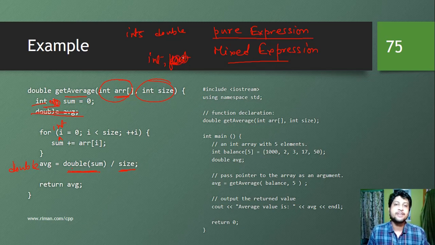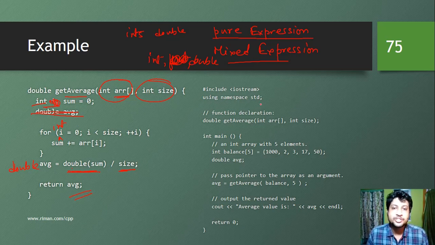If you have int and double, or int, double, and float all, the resultant value from the mixed expression will be double. That's why we have to typecast this sum into double to get the accurate average. Then we return that average in double format. So this is how you can pass an array and perform whatever operations you want on that particular array.